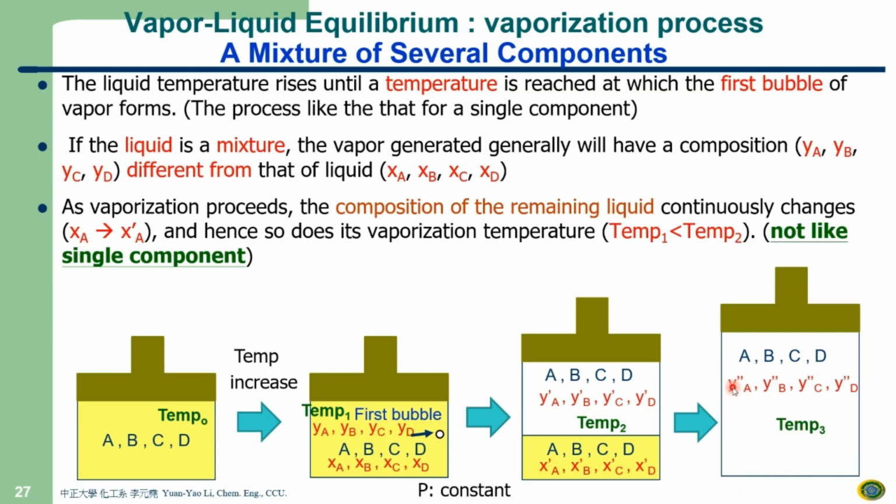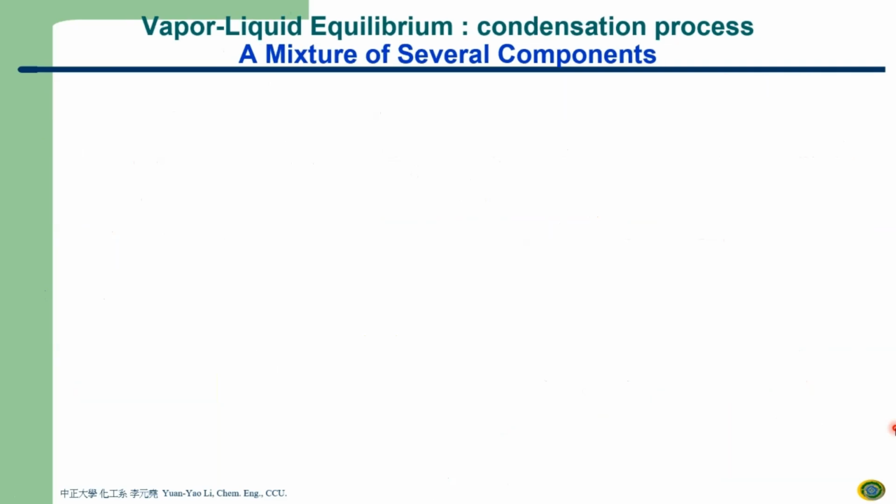So we call Y double prime A, Y double prime B, Y double prime C, Y double prime D, something like this. So the interesting thing is that, can you tell me this composition in different temperature? So the composition and the temperature both changed. Okay, so this is an important point.